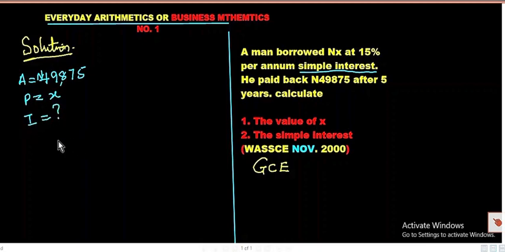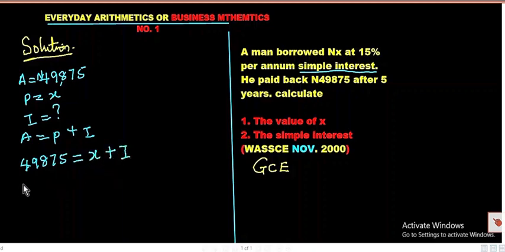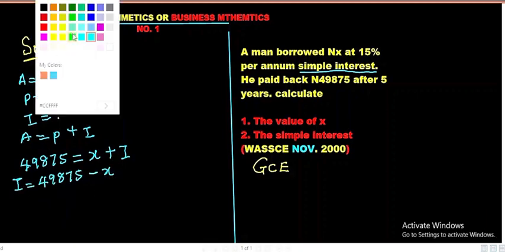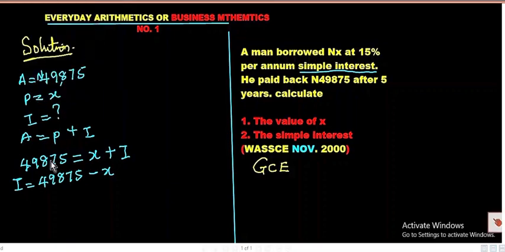Since amount is principal plus interest, I'm going to have 49875 equal to X, which is the principal, plus the interest. Therefore, the interest is going to be equal to 49875 minus X. This is the formula for the interest.